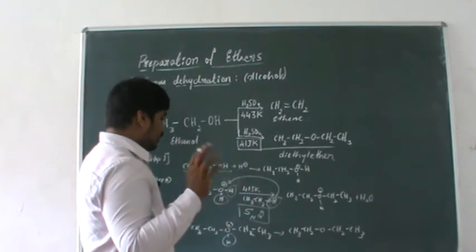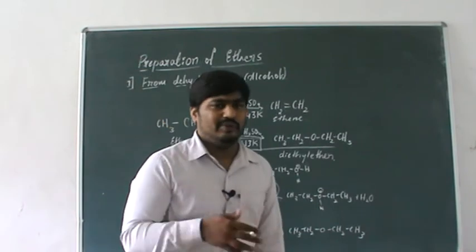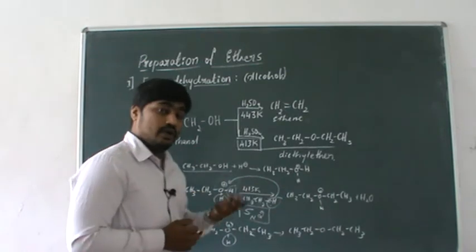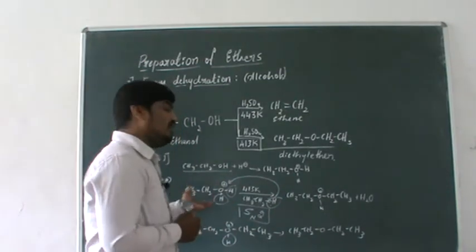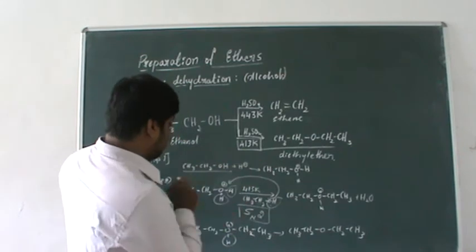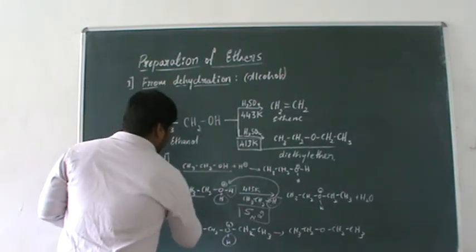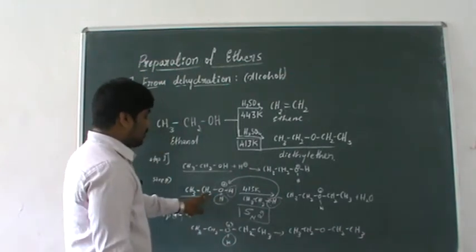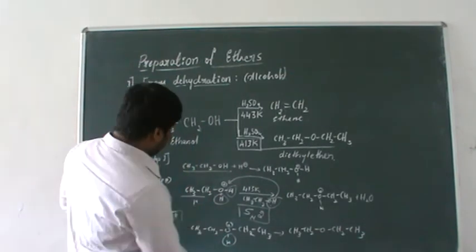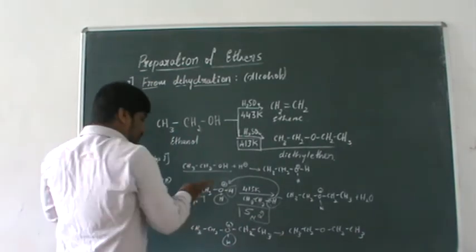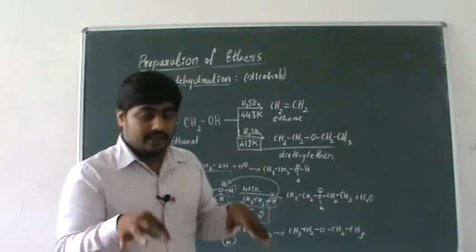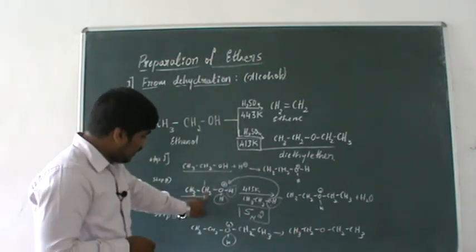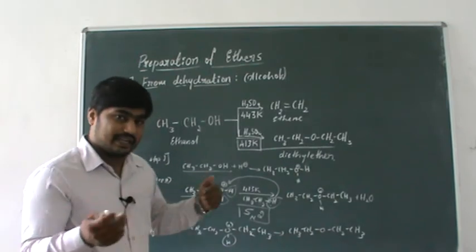One doubt commonly arises when you observe this reaction. What happens when we take secondary and tertiary alcohols? If it is primary, the OH-attached carbon contains only one carbon. If this carbon contains a greater number of bulkier groups in place of hydrogen, what happens? Clearly observe. In place of hydrogen, other alkyl groups are attached.